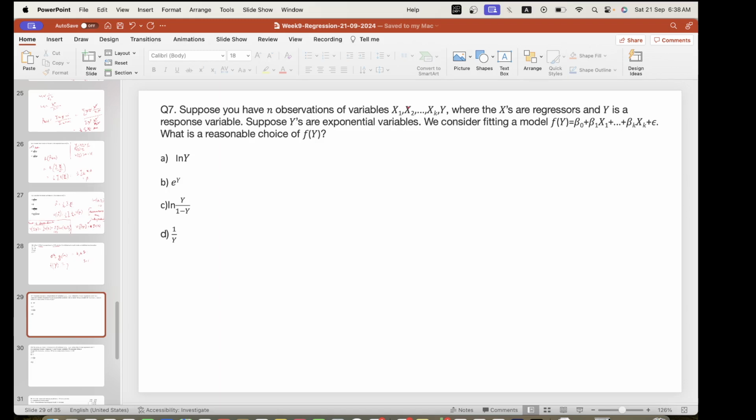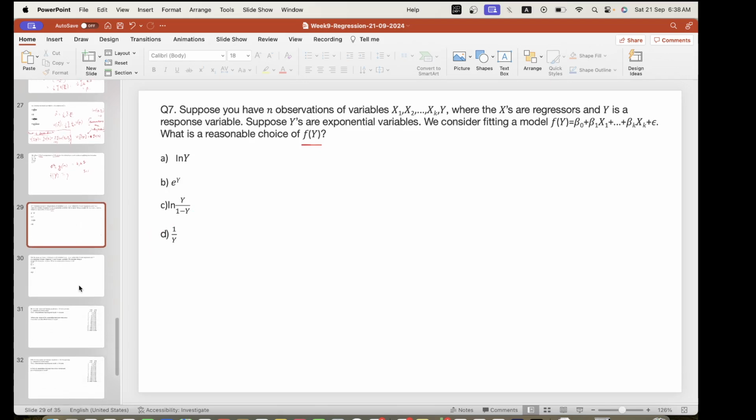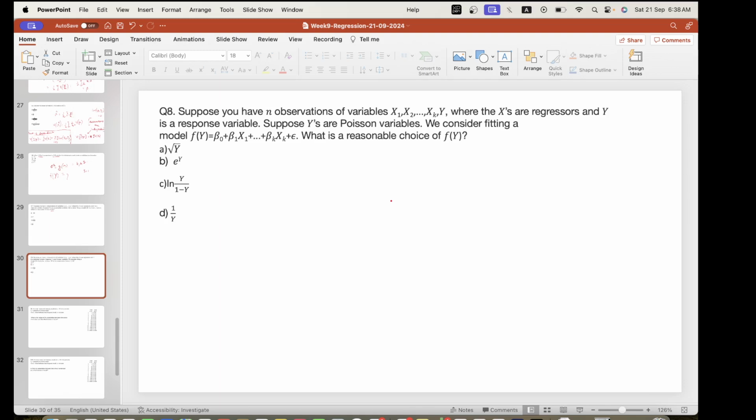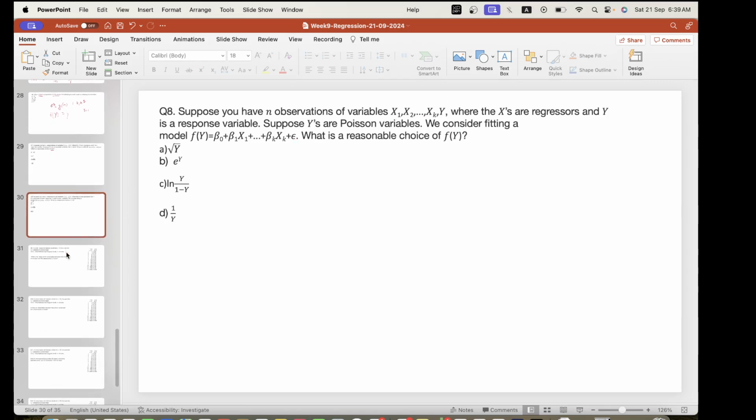This question also says that we have some variables which follow exponential, we are considering this one, what is the reasonable choice of f? So for exponential, we've already seen which is a reasonable choice, so you'll have to fill it up. And similarly, if it's a Poisson variable, then also we'll have to fill up our reasonable choice.